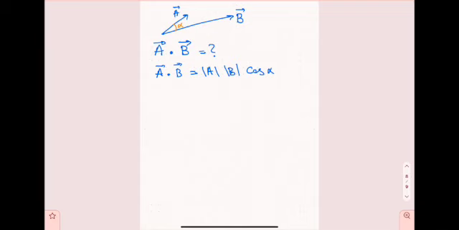So at this point, I want to first mention some laws of this dot product. And then we can continue with the linear algebraic way of writing the dot product. So there are some rules here for the dot product. One is that the dot product is distributive.